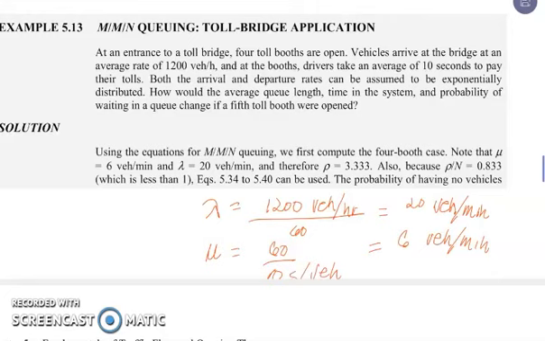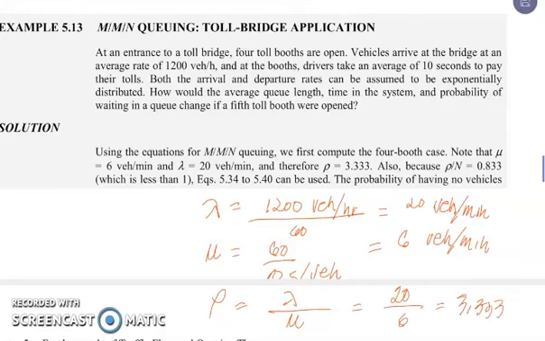So now, our traffic density, which is rho, will be equivalent to our average arrival rate over our departure rate, which is equal to 20 all over 6. So this gives us 3.333.